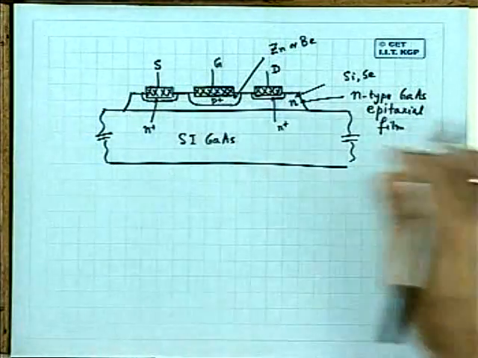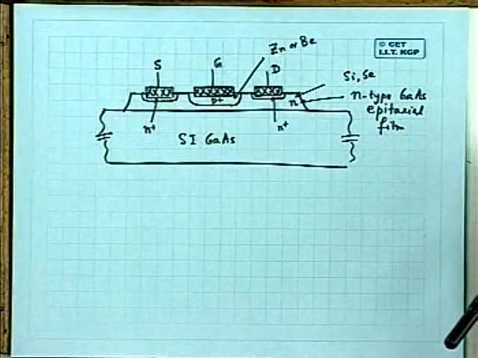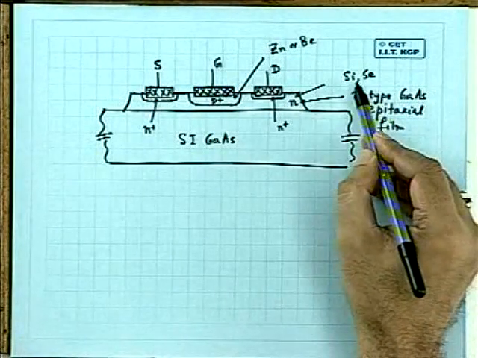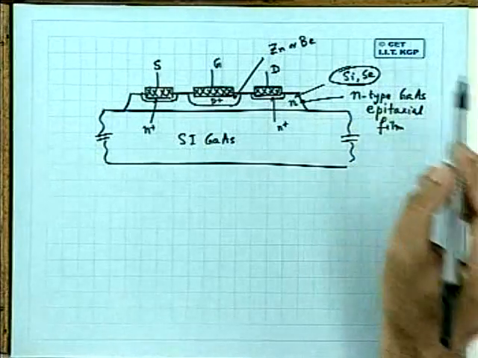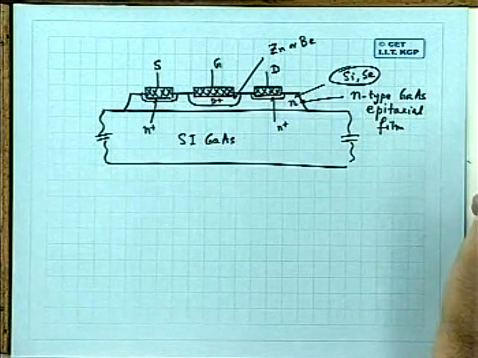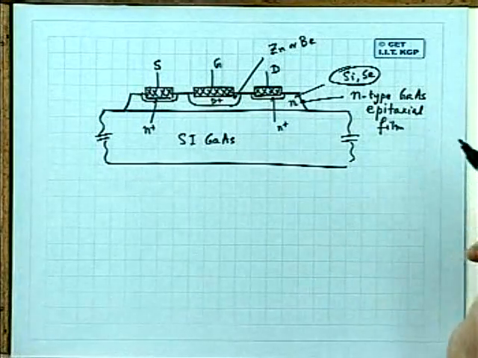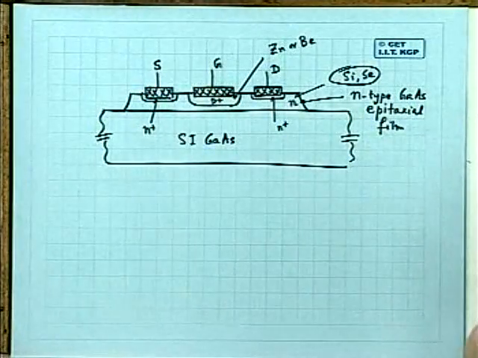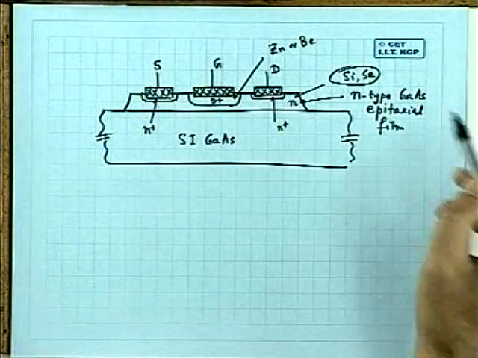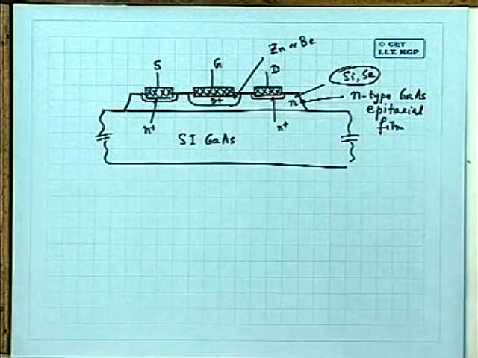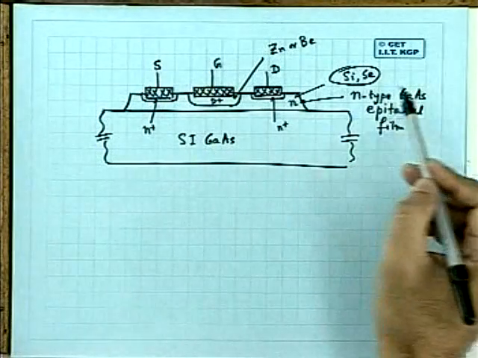Normally this N-type is usually silicon or germanium doped. While growing the epi layer, you also incorporate at a steady rate some silicon atoms or selenium atoms, not germanium, selenium atoms, or zinc, sulfur atoms to make it N-type.